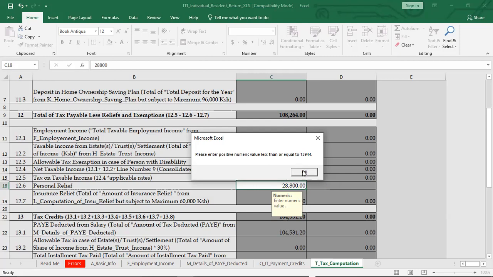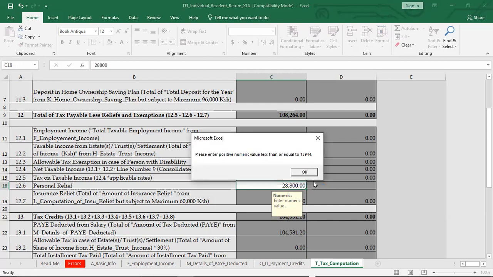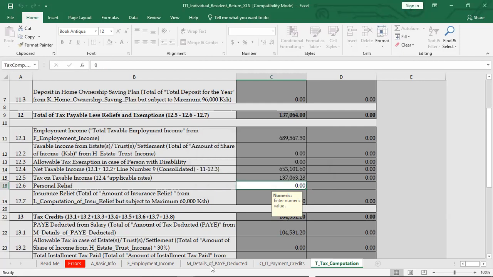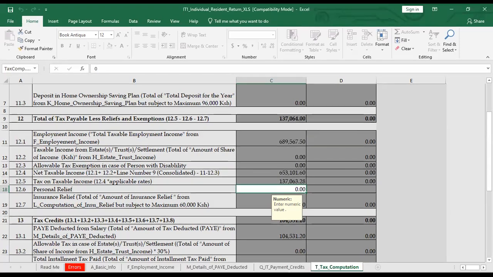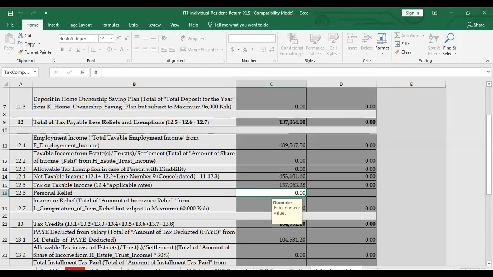So we have to download another Excel sheet. Every year, KRA updates its Excel sheet. So we have to go and download the Excel for this year, sorry, not last year. Sijui kwa nini imeleta hivyo. Now I think this is the same Excel sheet we were using.